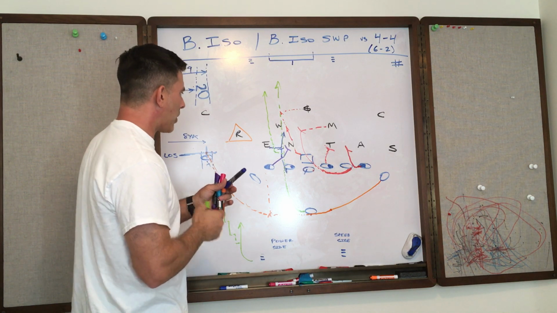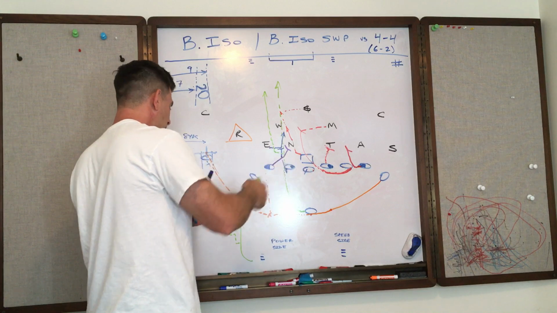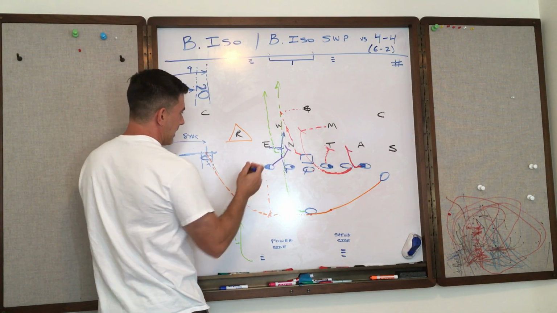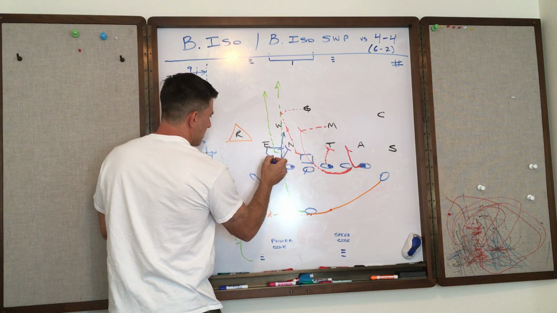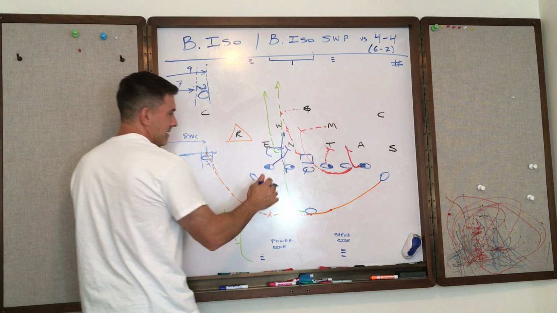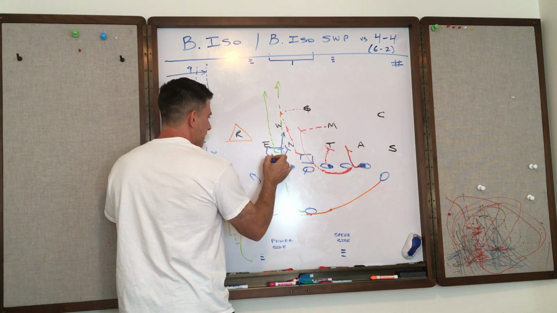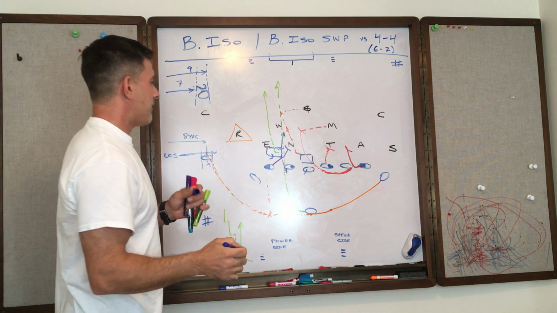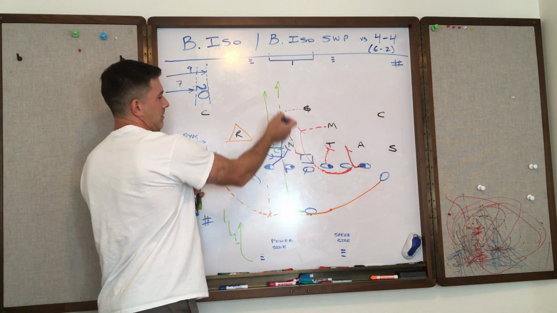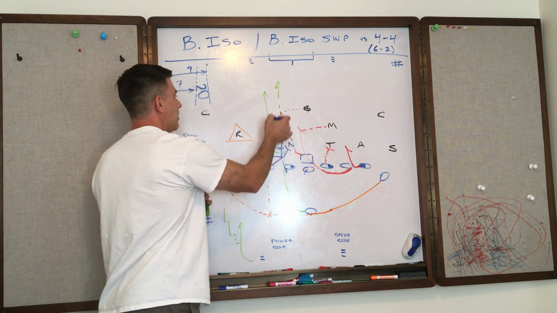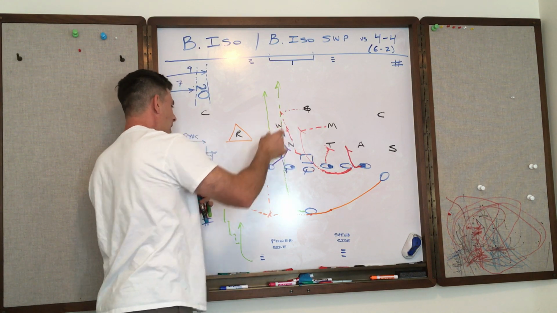So that's versus a 4 or a 5 technique. And again, if the 5 technique is more on an angle where maybe he takes one step up the field, then he squeezes. From there, we would just obviously kick him out. And then the whole staircase deal doesn't happen until the actual ISO block.